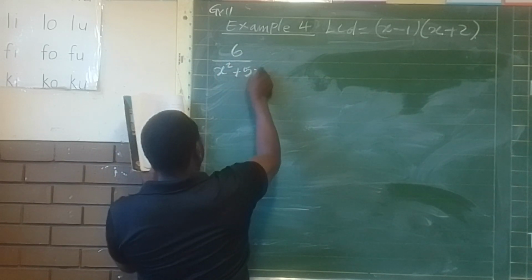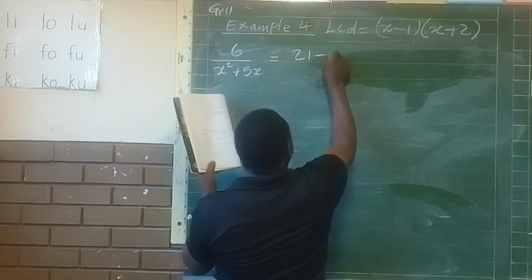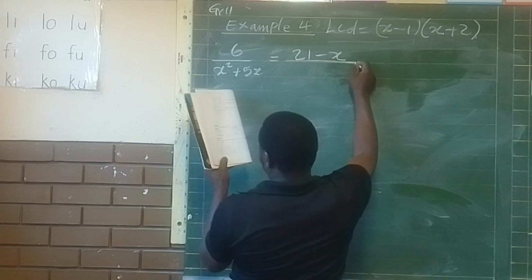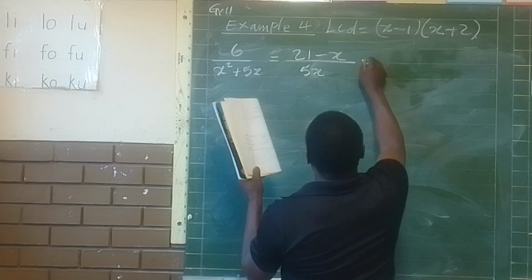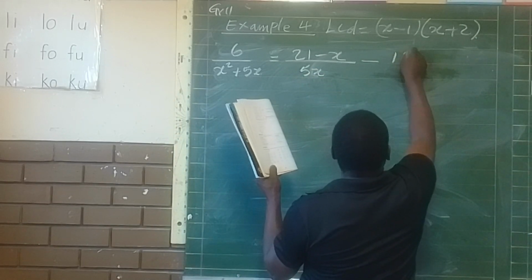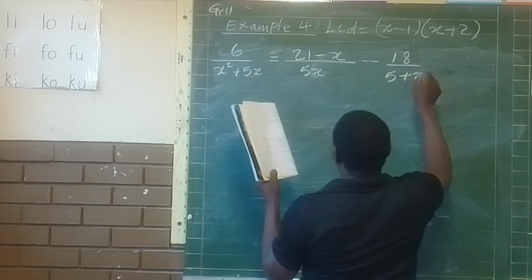plus 5x is equals to 21 minus x divided by 5x minus 18 divided by 5 plus x.